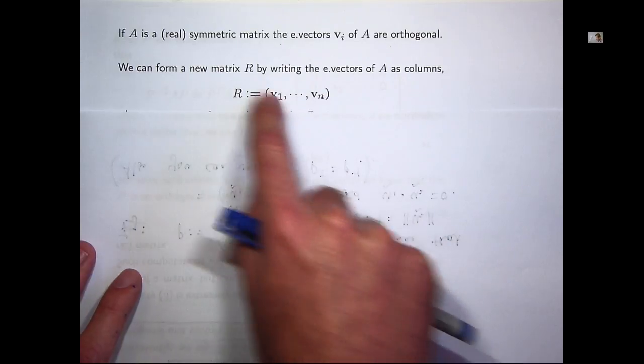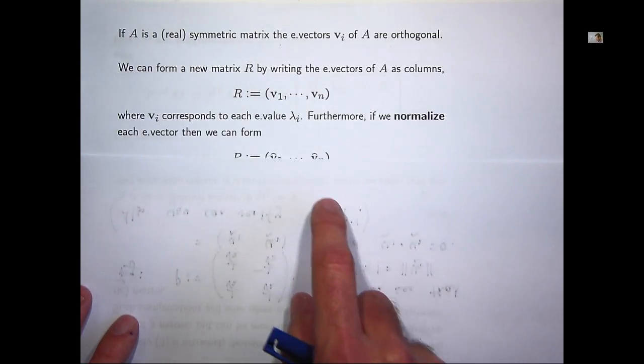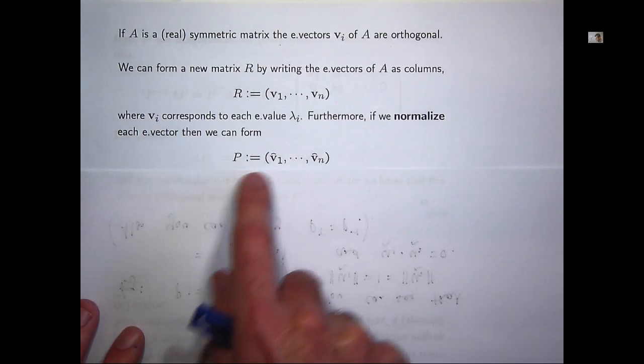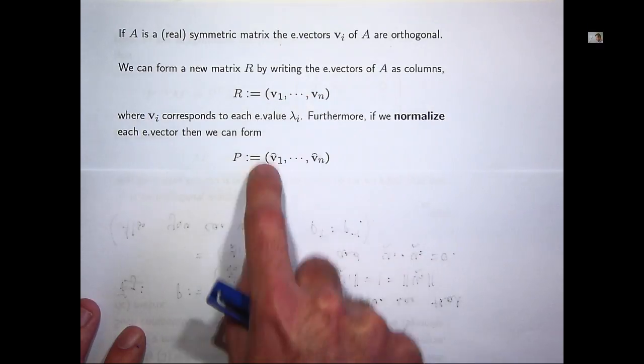Now, that's almost an orthogonal matrix, but to make it orthogonal, we normalize. Make these eigenvectors have length 1.